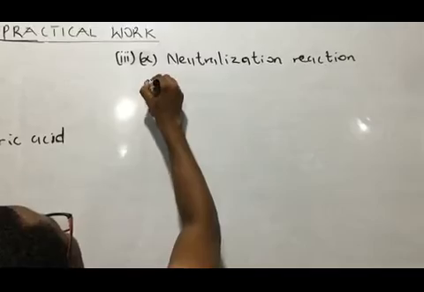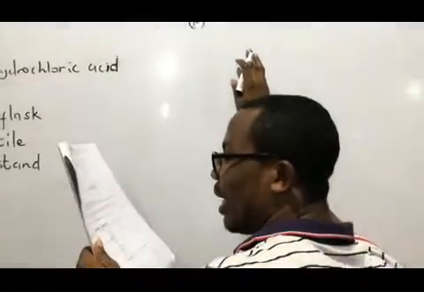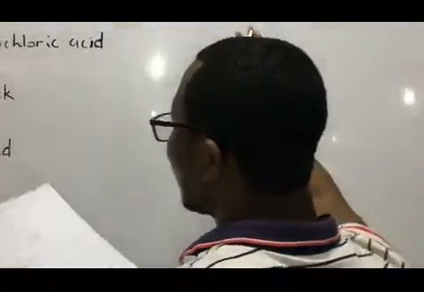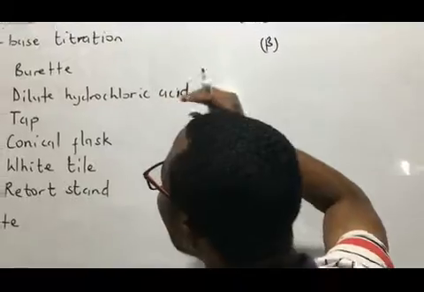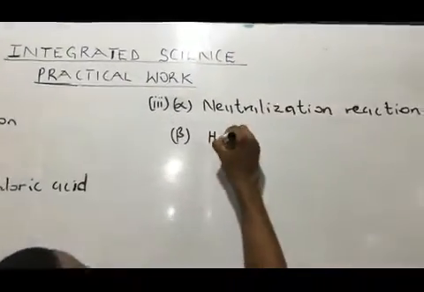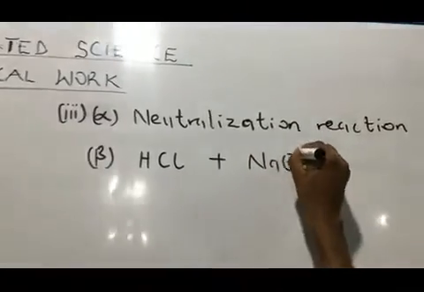And then the beta says, write a balanced chemical equation for the reaction that occurred in the part labeled IV. So the reaction is between the hydrochloric acid and the sodium hydroxide. Hydrochloric acid is HCl. Sodium hydroxide is NaOH.